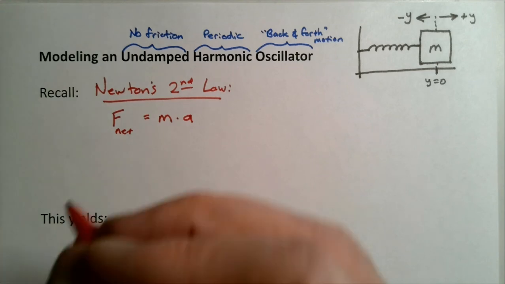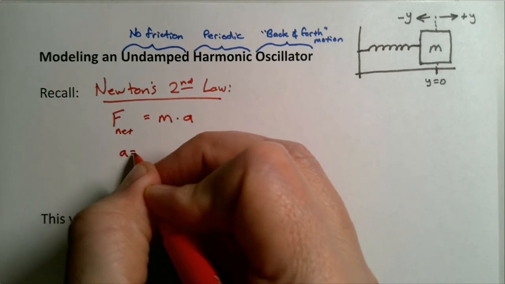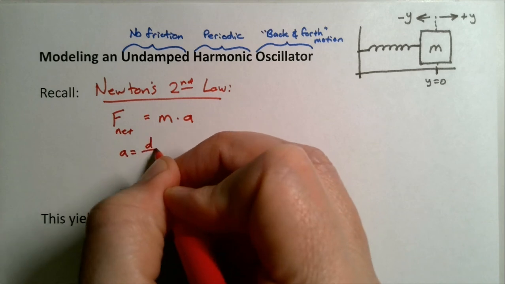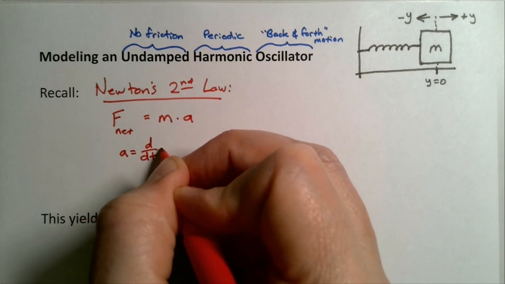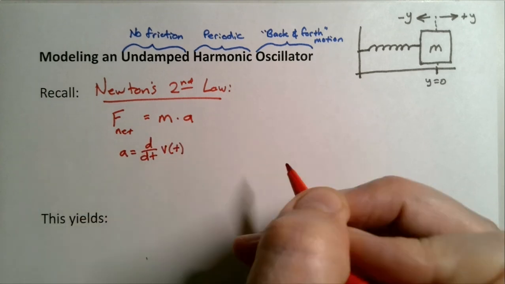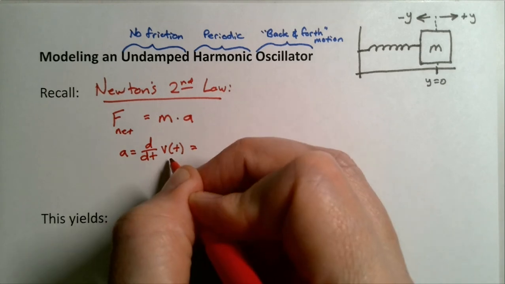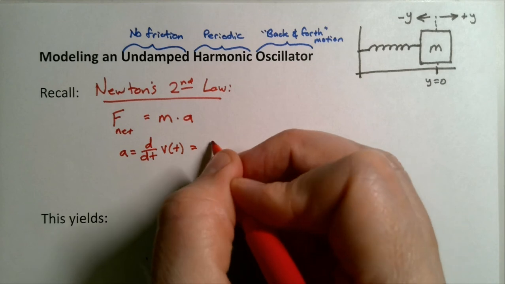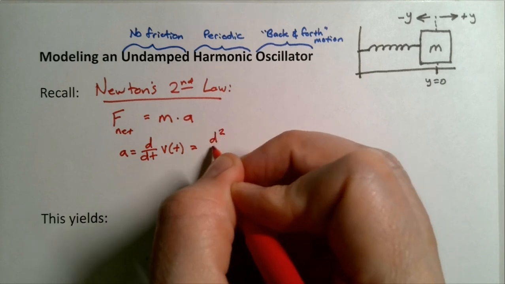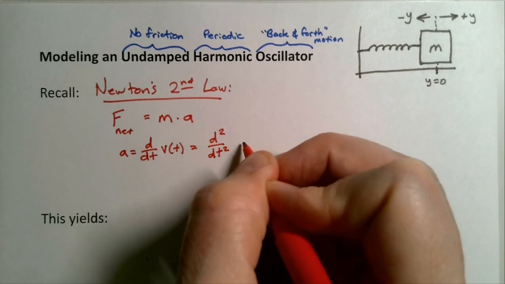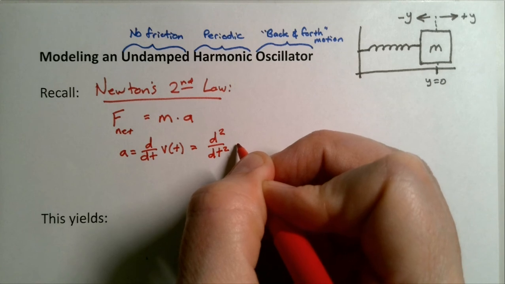And just as a reminder, the acceleration really is the first derivative with respect to time of velocity, and the velocity is the first derivative of position. So acceleration is also the second derivative with respect to time of position.